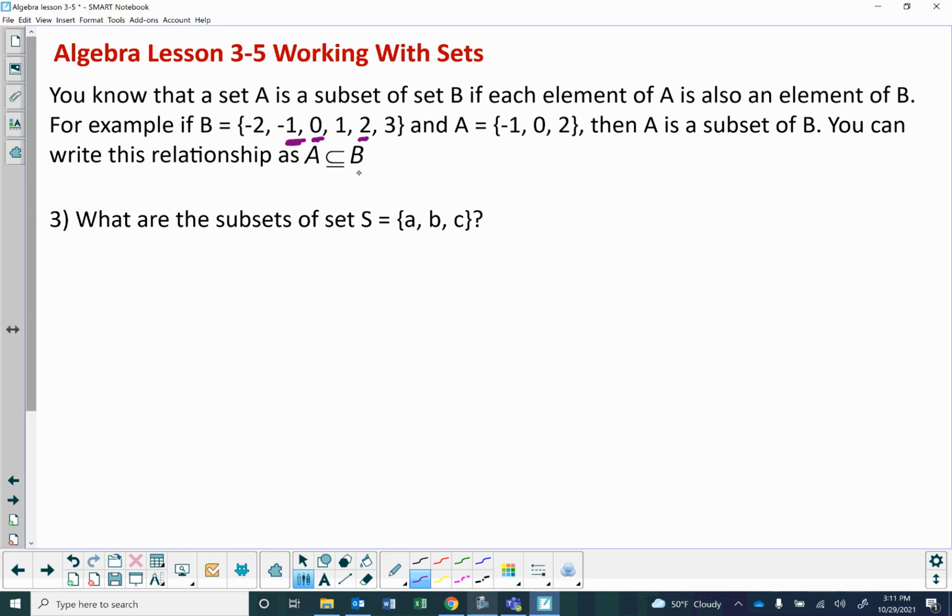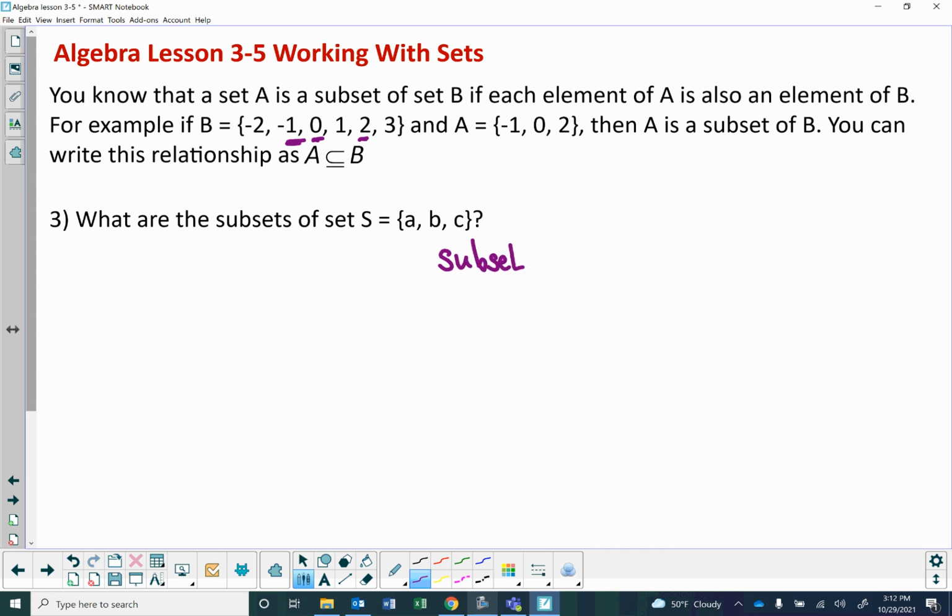Okay, so what are the subsets of S if S equals A, B, and C? Right? Because if you look at this, you're looking like, okay, so here's what we've got. We have to understand that the subset of S is A, B, C. So we think about this and we go, okay, what are the possibilities of subsets? We could have the following subsets.